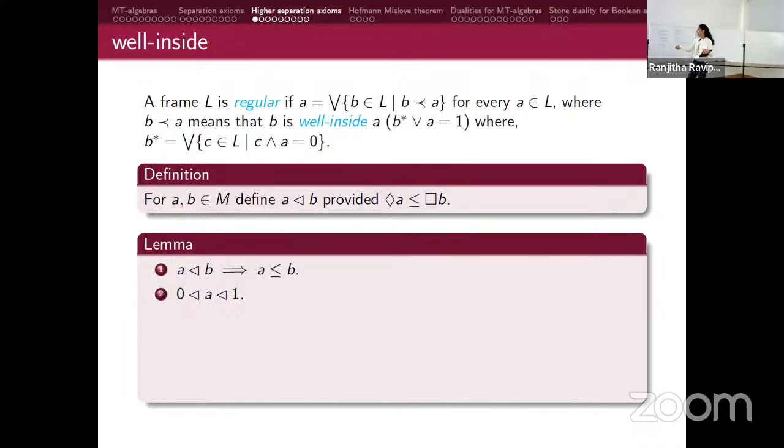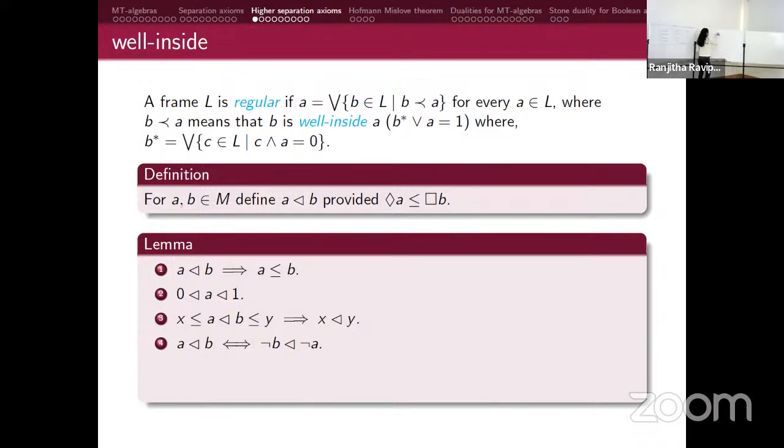And then this is also pretty straightforward to check, just decoding the formula we have. I just want to show how to work with these modal algebras a little bit.